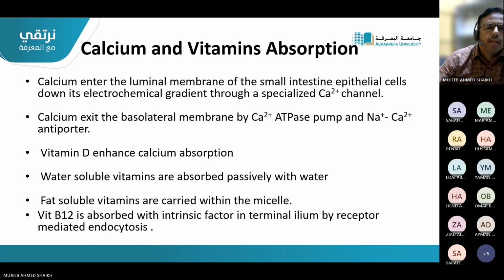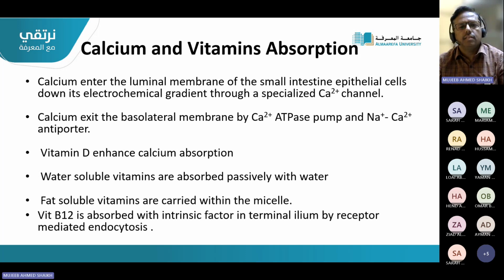You have to remember that vitamin B12 is absorbed along with intrinsic factor, which is released from the stomach, and it is absorbed in the terminal ileum. The process is endocytosis.